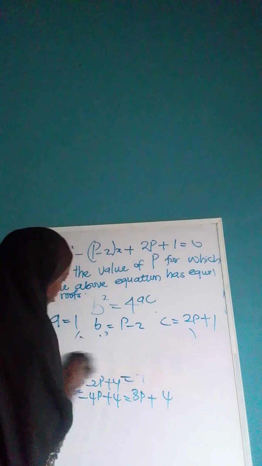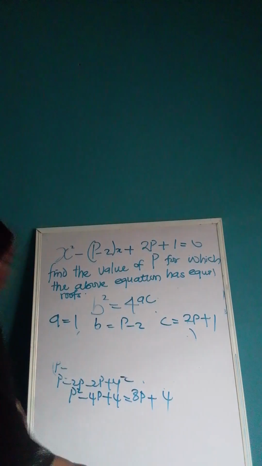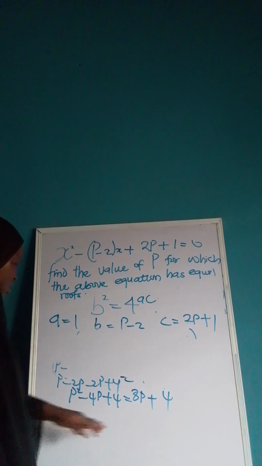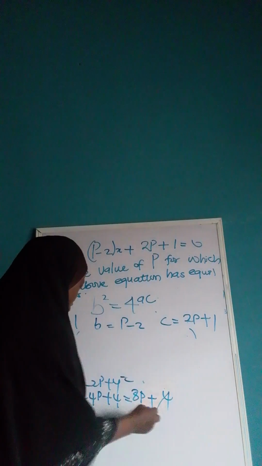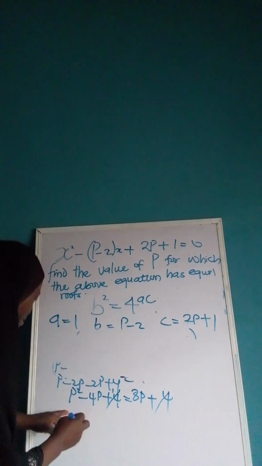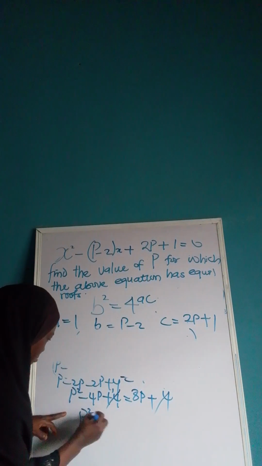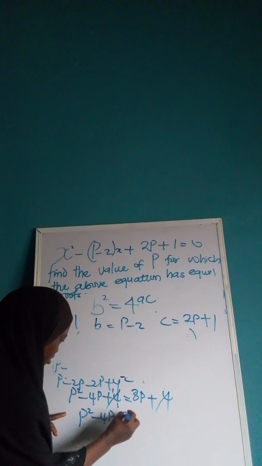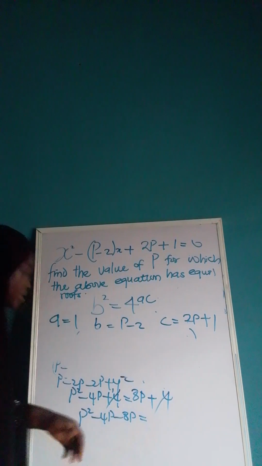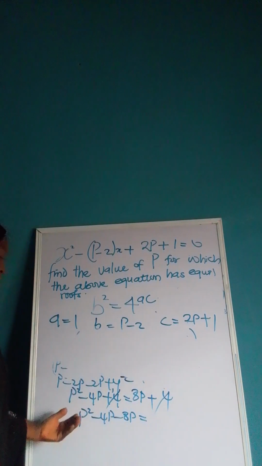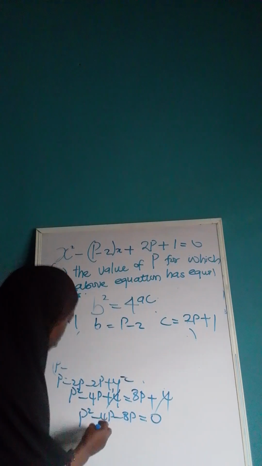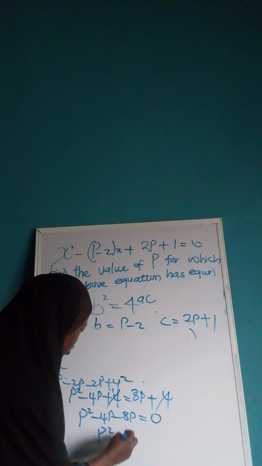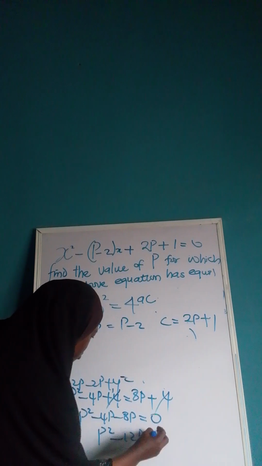Let 8p come over, and the 4 and 4 will cancel out. So we have p squared minus 4p minus 8p equals 0. So p squared minus 12p is equal to 0.